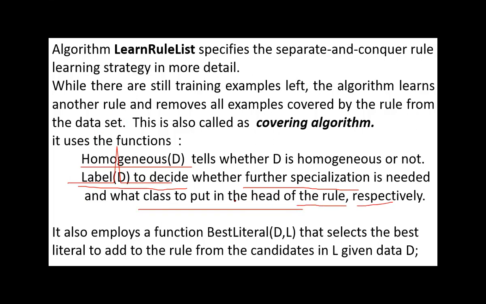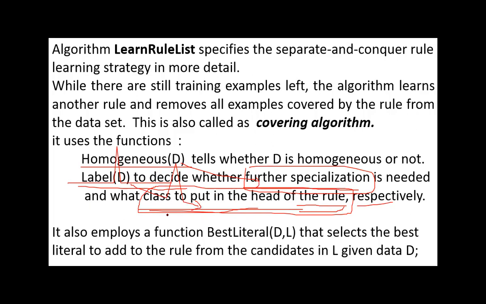So homogeneous tells whether any specialization is needed, and label of D decides what class to place in the head of the rule. This is called homogeneous and this is called label.